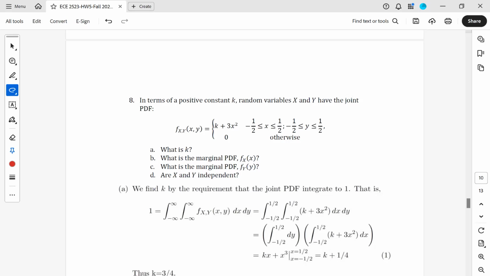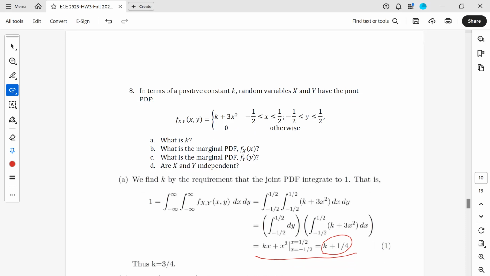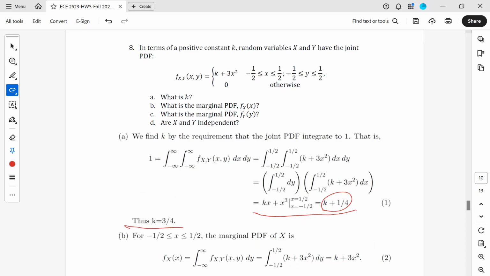Again, using the axiom, the integral over all the possible probabilities should add up to 1. So if you do the double integral over the range of y and x, the result should be equal to 1. If you do the integral, you will find that k plus 1 over 4 is the result of that double integral over the range. Because it should be equal to 1, you can calculate the value of k.